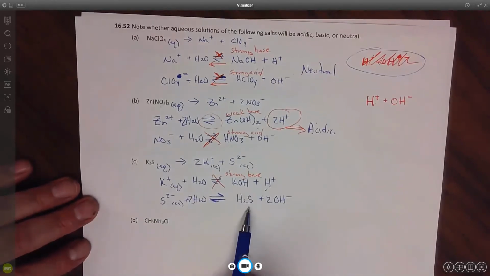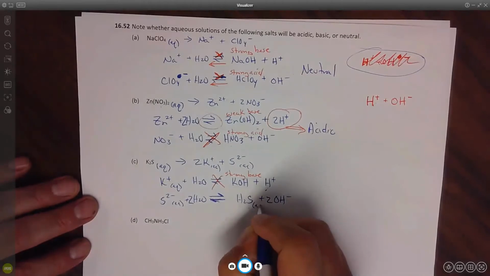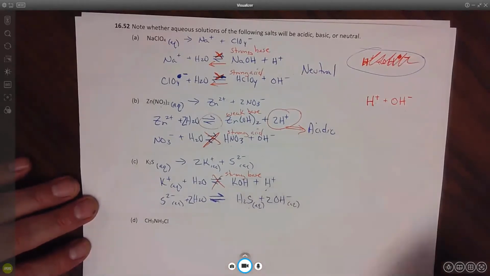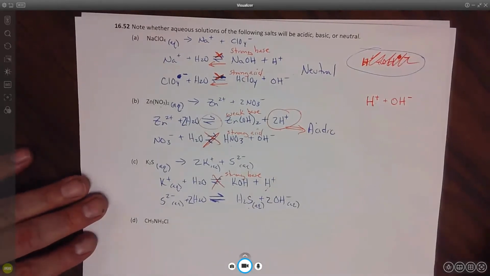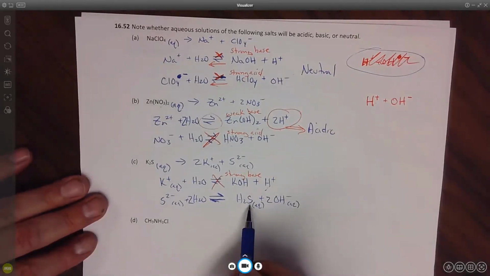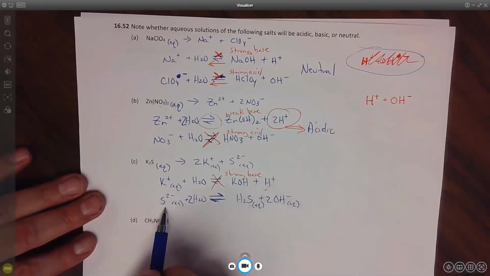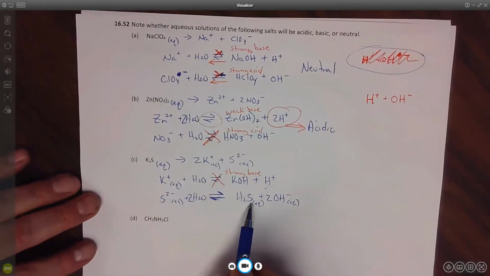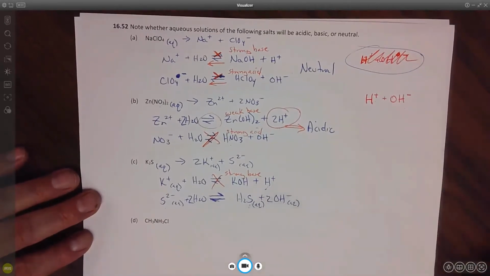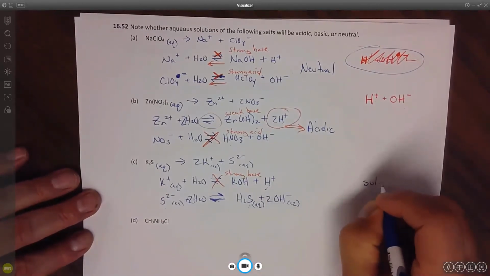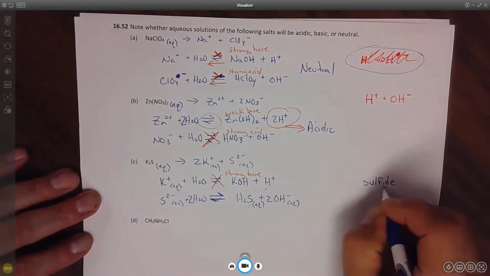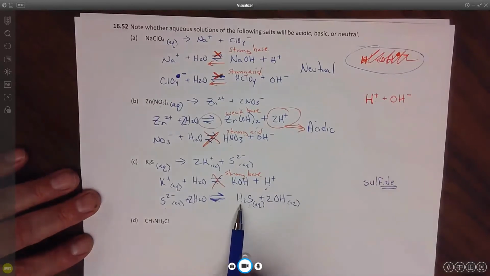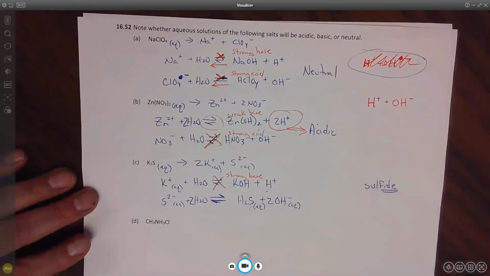What is it called in water? So what is this called? Just the S part, this right here. It is sulfide. So when it ends in IDE and we make it an acid by adding H pluses till it's neutral, what do we do to the IDE?